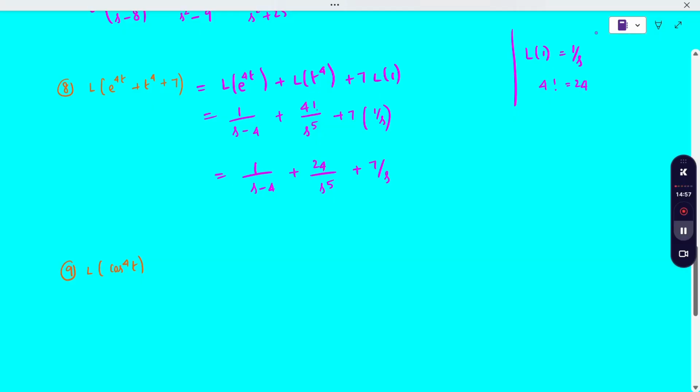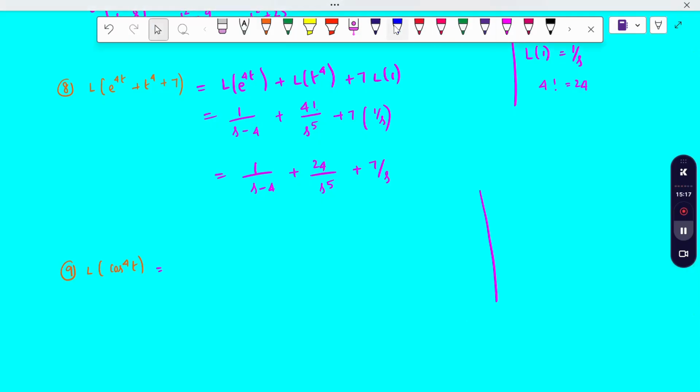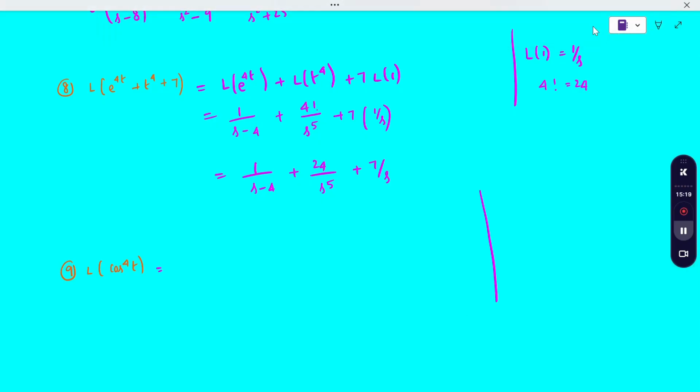So the last question: L of cos to the power 4t. We have to write the formula for cos to the power 4t. It is cos squared t whole squared. The formula for cos squared t is 1 plus cos 2t divided by 2.